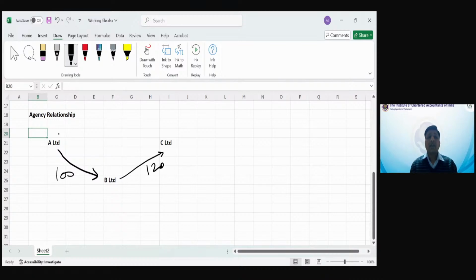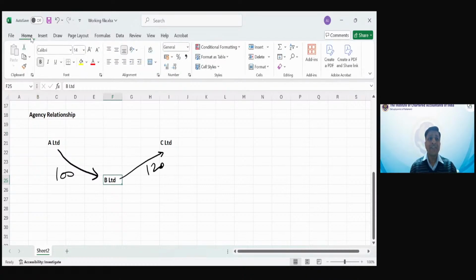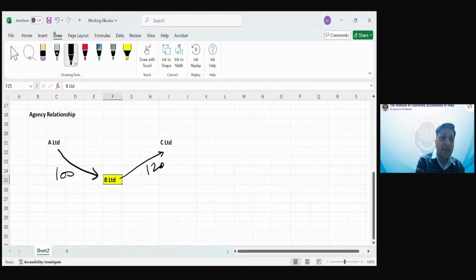Now the question is around the revenue recognition of B. So we are not talking about A here. Please understand, we are not talking about A. For C, it's a cost. So that's why C is not relevant. So we are looking at the revenue recognition or the books of B Limited only.